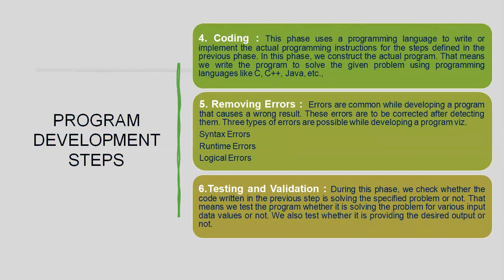Then we need to go for the fourth phase, that is, the algorithm needs to be programmed. In this phase, we need to convert the algorithm into a program. The choice of programming language depends on the nature of the problem and the availability of the programming language.